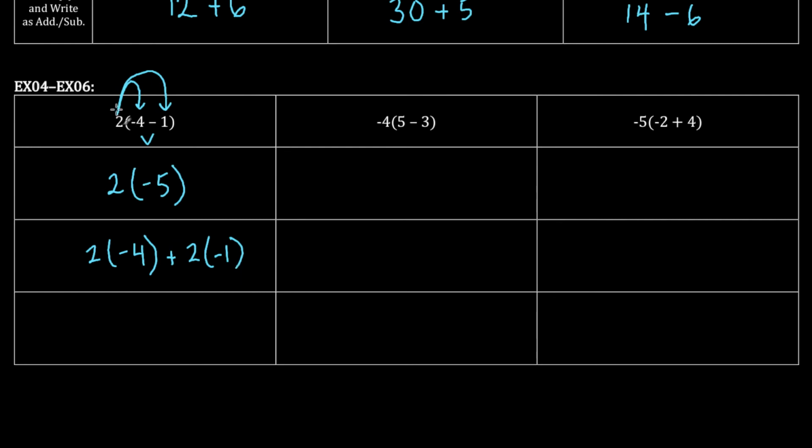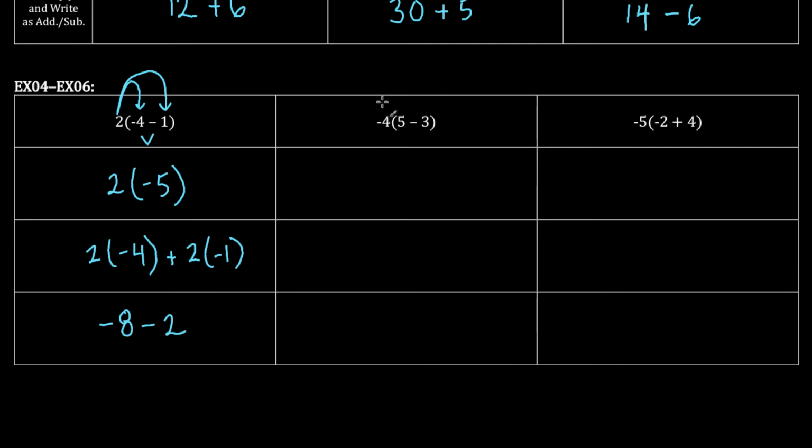You could have just written 2 times negative 4, which is negative 8, and 2 times negative 1, which is negative 2, so minus 2. That should align here. A positive times a negative is a negative, so 2 times negative 1 is negative 2.